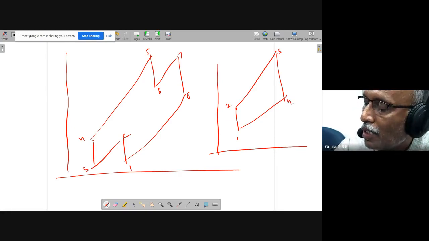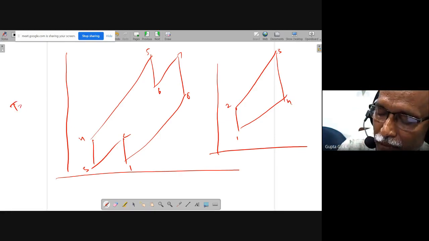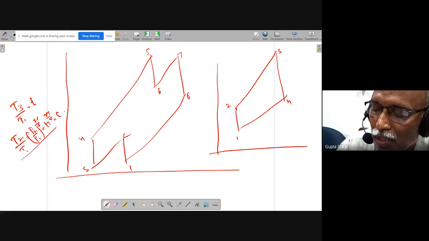Okay, and we take T3 by T1 as small t, and T2 by T1, which is P2 by P1 to the power of gamma minus 1 by gamma, is equal to R power gamma minus 1 by gamma, is equal to C. Okay, this is what we see.